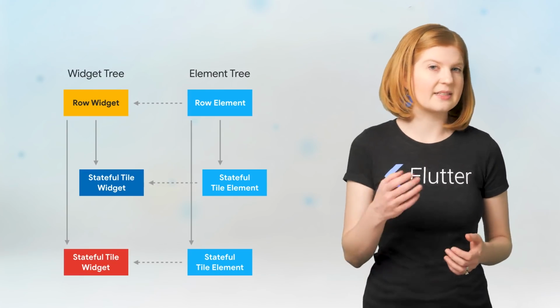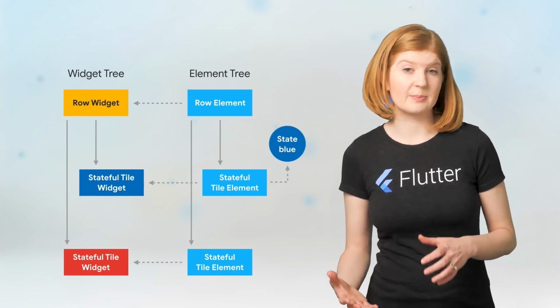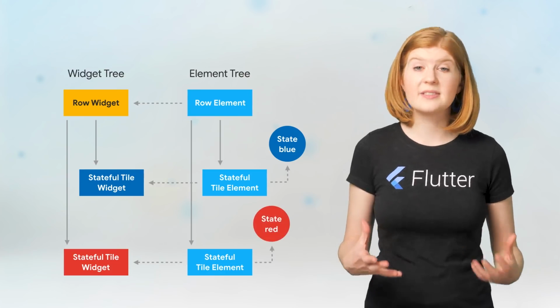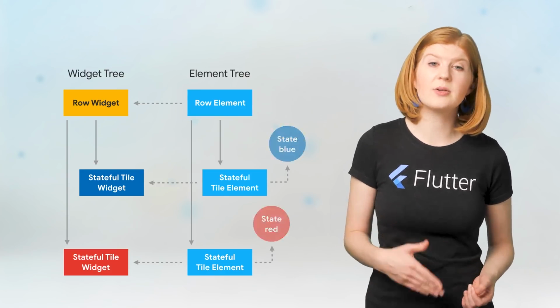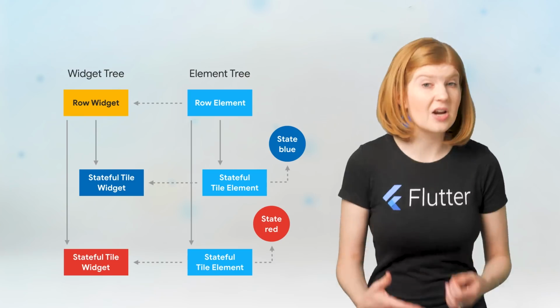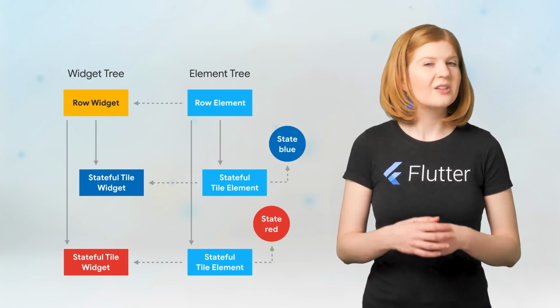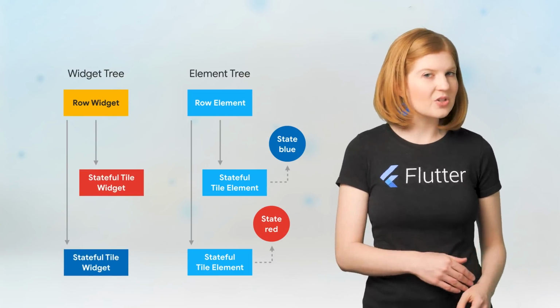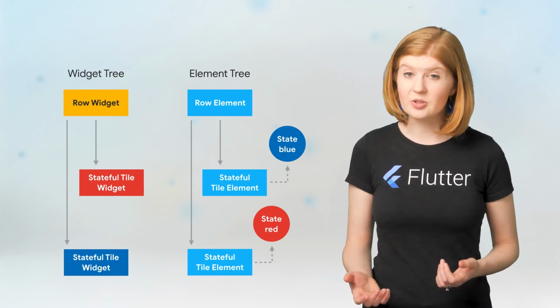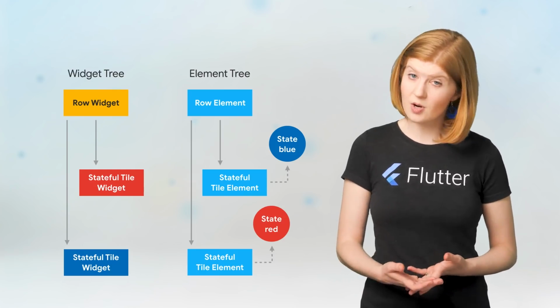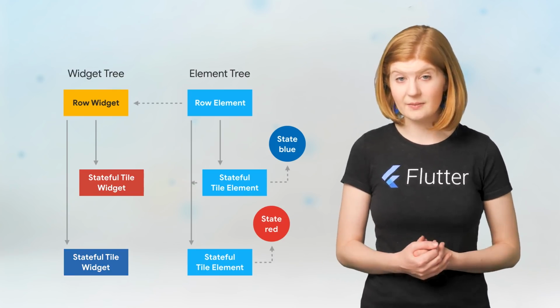Now let's run through the same scenario again, only this time with stateful tile widgets. You can see I've got the same widgets and elements as before, but now there are a pair of state objects with them, and the color information is being stored there, not in the widgets themselves. So this time, when I swap the order of the two widgets, Flutter walks the element tree, checks the type of the row widget, and updates the reference.